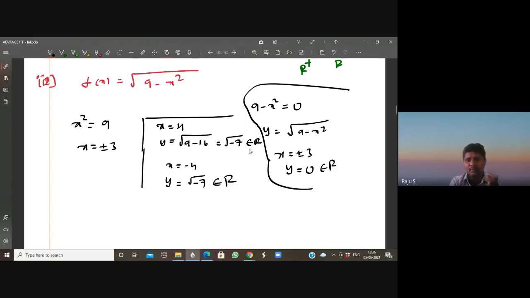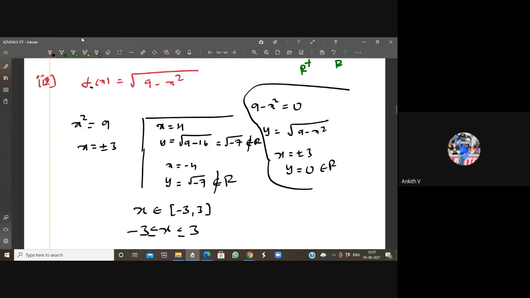Does it belong to real numbers? No. So x equal to 4, which is more than 3, and minus 4, which is lesser than minus 3, do not work. So here x exists from minus 3 to 3, closed interval, or x lies between minus 3 and plus 3. Sir, for this one we can draw the graph now, sir.